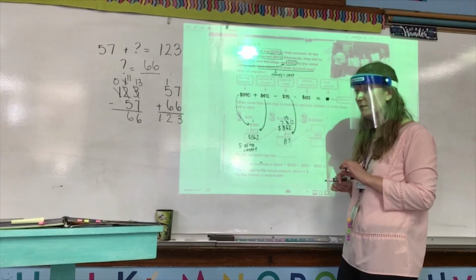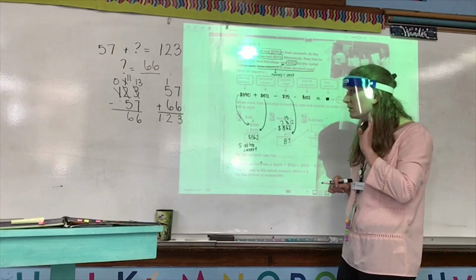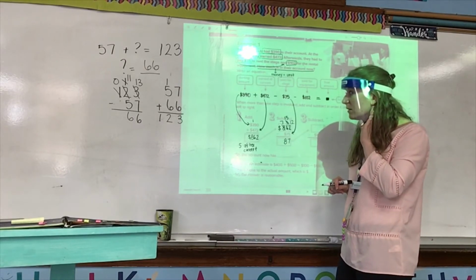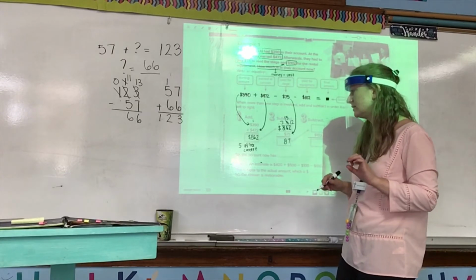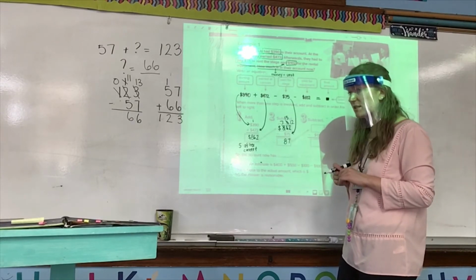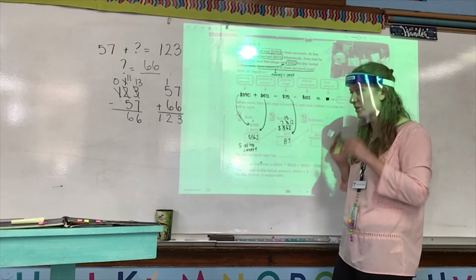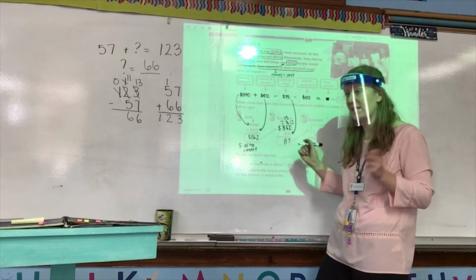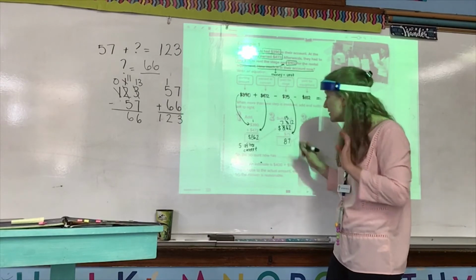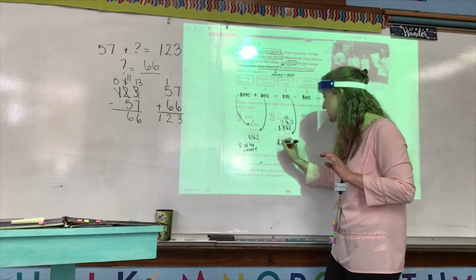Step 3. Subtract the hundreds. I have 7 hundreds. Can I take away none? How many hundreds do I end up with if I have 7 and I take away none? 7. And then I bring down my dollar sign.